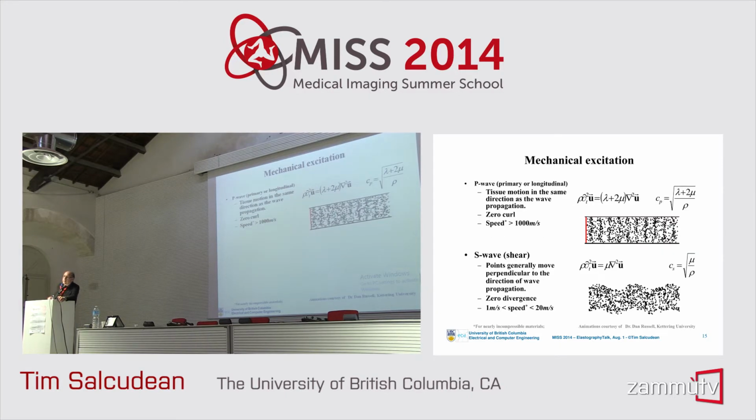When you apply an excitation to tissue, you would have two types of waves traveling. One is the P wave, in which the direction of the particle motion is pretty much aligned with the direction of wave propagation. And you have a shear motion, in which the particle motion is pretty much orthogonal, at least in this example, to the wave propagation.